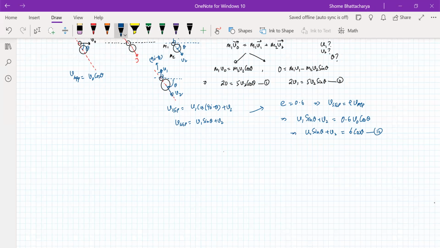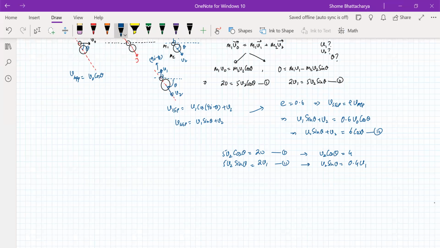So we have 5v2 cos theta is 20 and 5v2 sin theta is 2v1, or v2 cos theta is 4 and v2 sin theta is 0.4 v1.